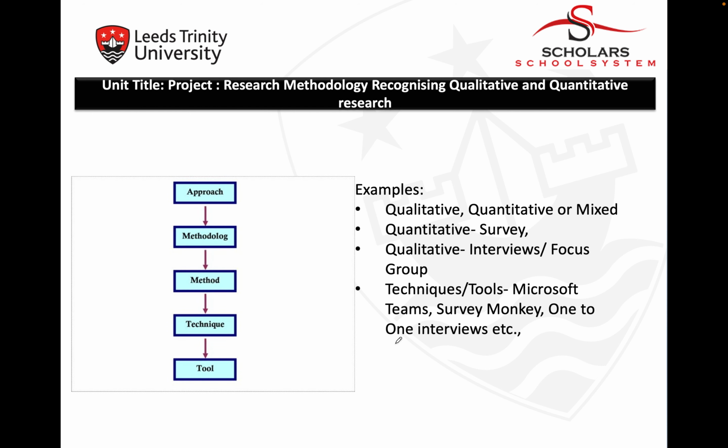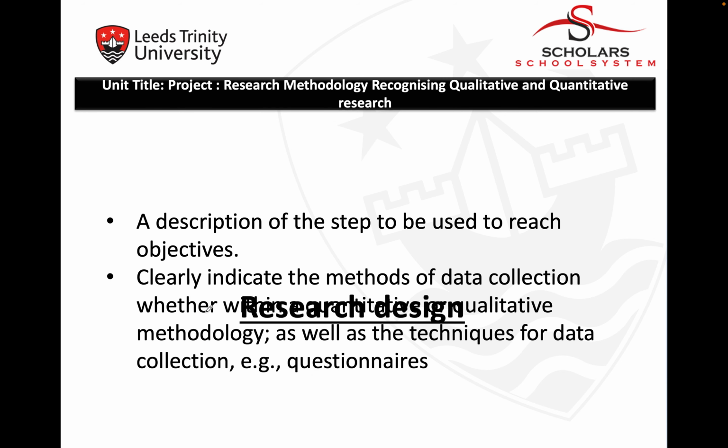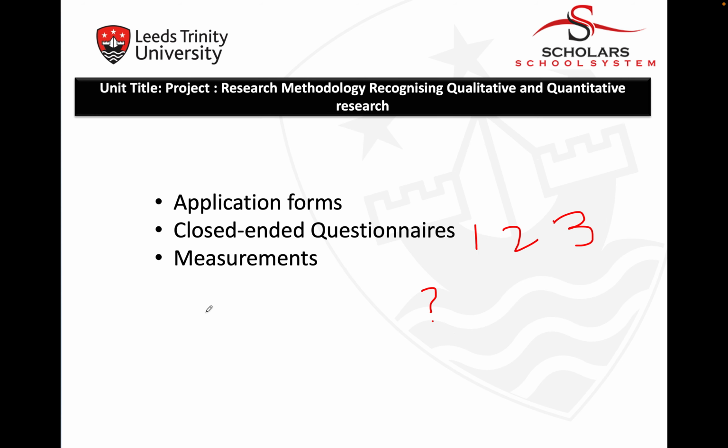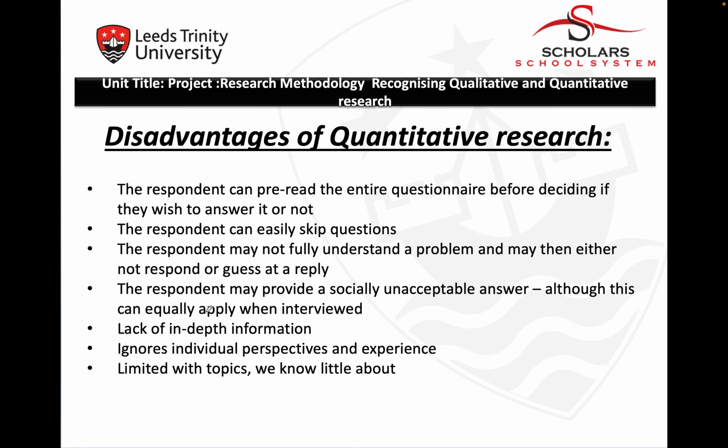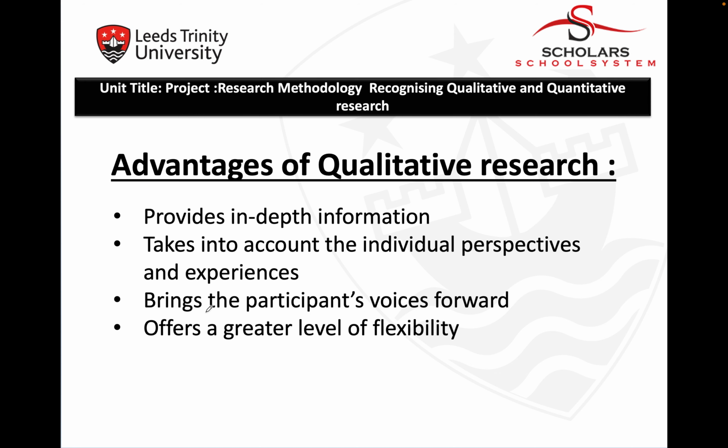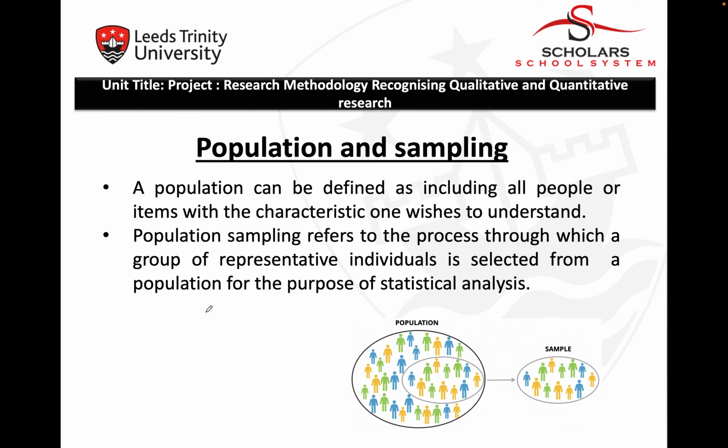Methodology and approaches are broader terms, and method is a subset of methodology. Techniques and tools are the tools that you use, like your surveys, your one-to-one interviews, Microsoft Teams. So these are the broad terms, and within research methods we have 2 types: quantitative research and qualitative research.